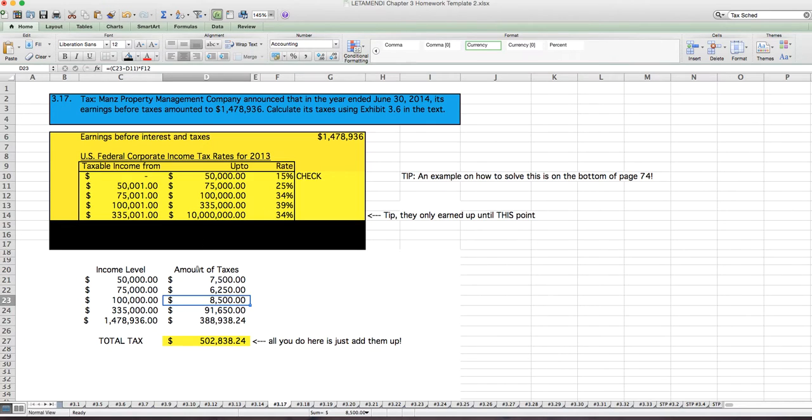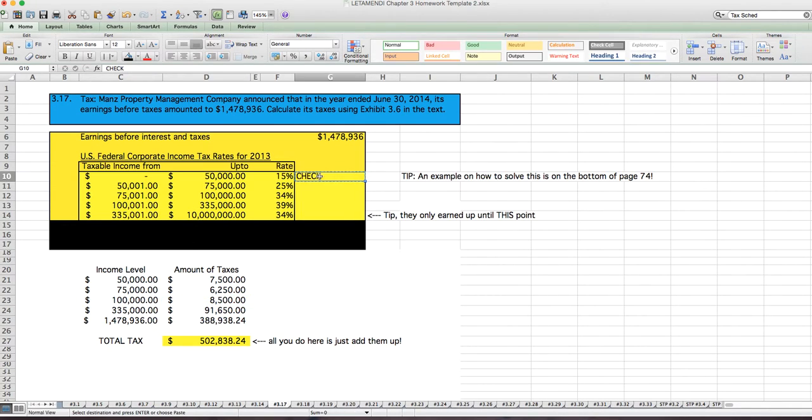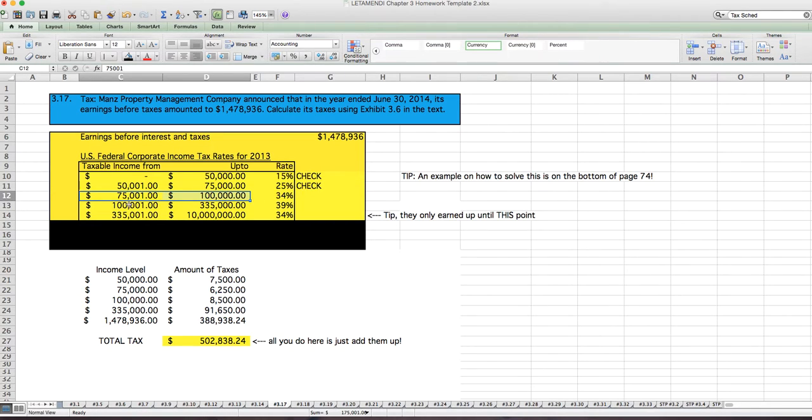So now that the company made more than this, to calculate the next threshold here, let's put check. Now the company is being taxed on the 75,001st dollar up to 100,000. So on this $25,000, they're going to be taxed 34%, right?